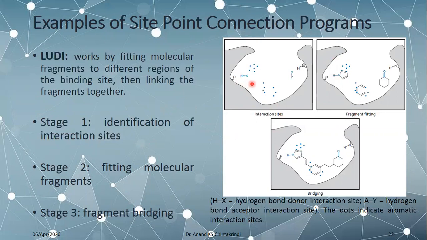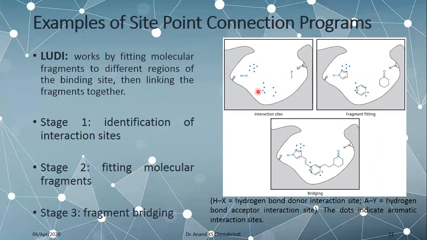Now, in this case, the HX is a hydrogen bond donor and AY is a hydrogen bond acceptor. The dot indicates the aromatic interaction site. So these are the interaction sites. The first step is to identify the interaction sites. HX is one of the interaction sites, which is the hydrogen bond donor. AY is the hydrogen bond acceptor interaction site, and these dots are the aromatic interaction sites. So in the vicinity of the aromatic site, you will place an aromatic ring here, and it is also making a hydrogen bond donor interaction.